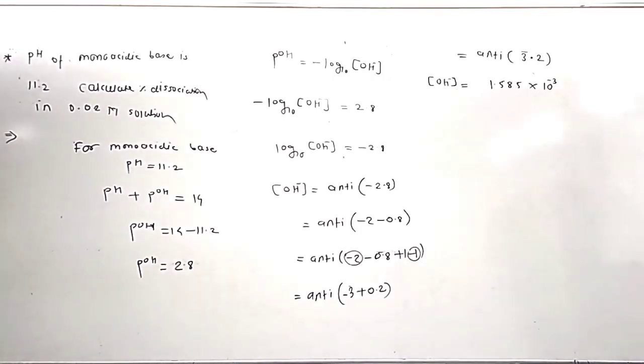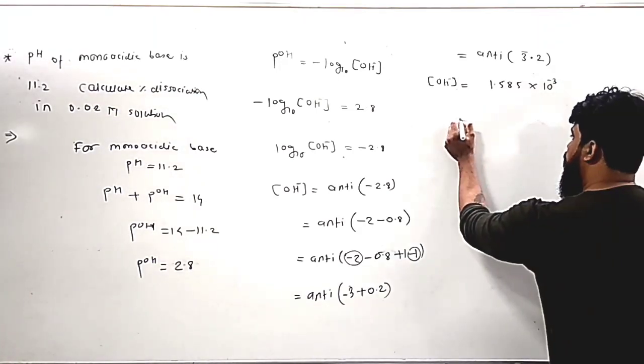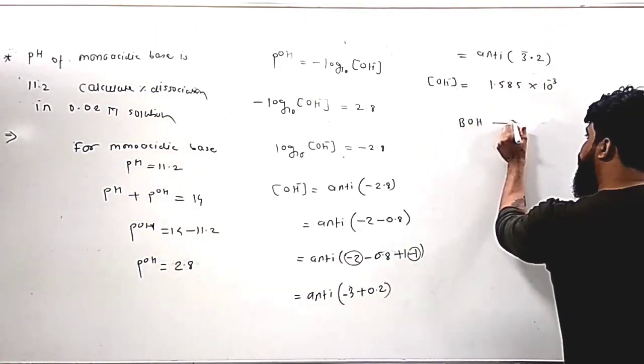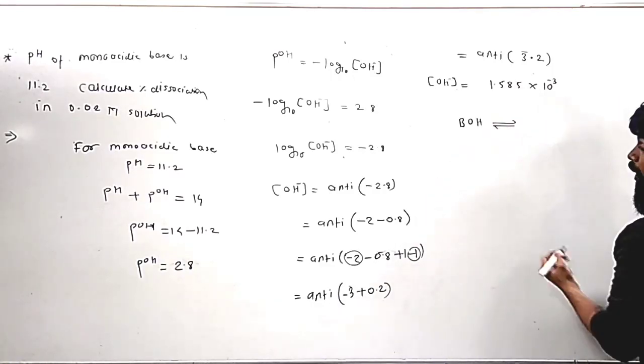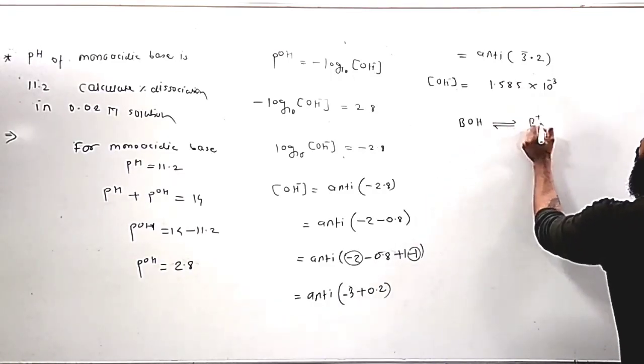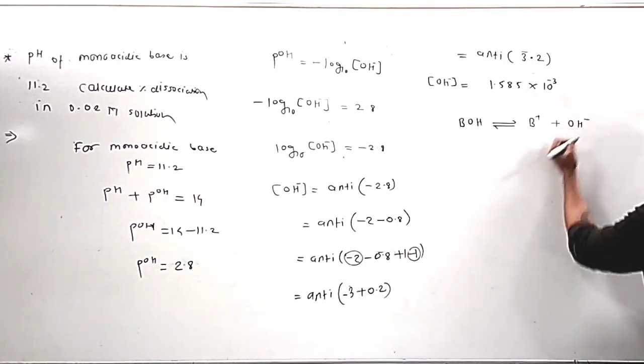But we are not interested only in the concentration of OH minus ion. We want to find alpha, that is, the degree of dissociation. Let's see how the weak base BOH is dissociated. It is a weak monoacidic base. It dissociates into B plus and OH minus ion.